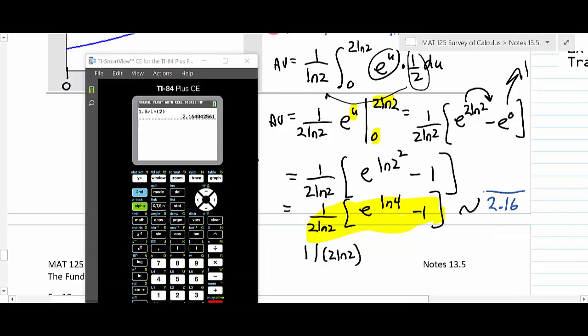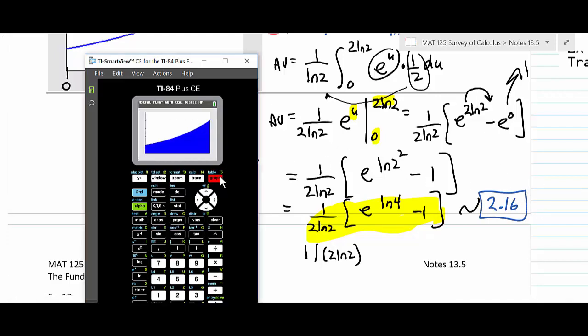So let's round that off as 2.16. Then I want to show you this basically. This is what you need to understand. So if I was to trace at these values, like if I trace at 0, I have a function value of 1, okay? If I trace at the end of this interval at ln2, what you end up getting is 4.